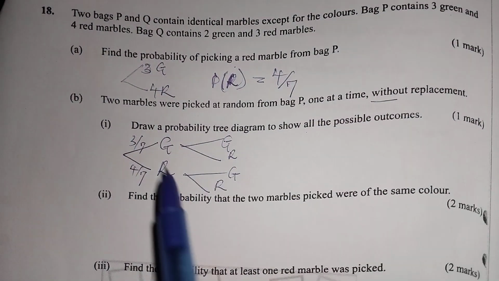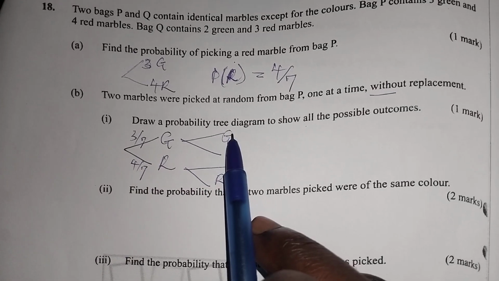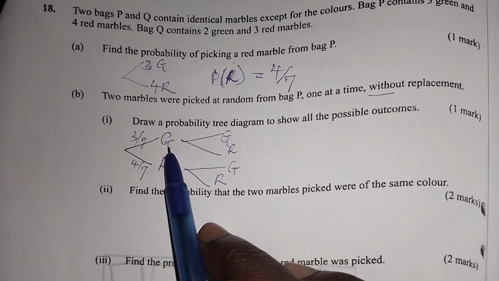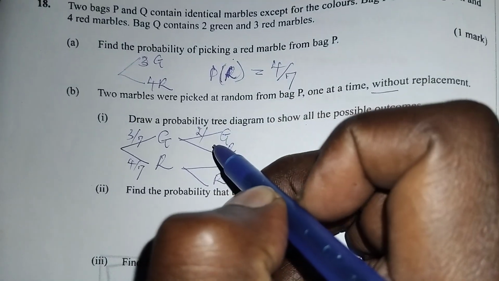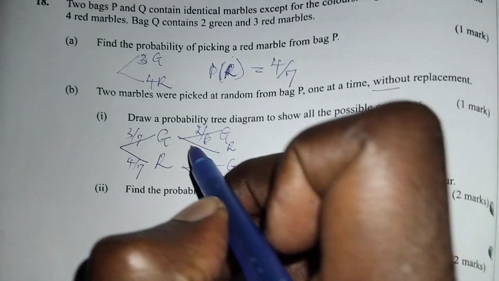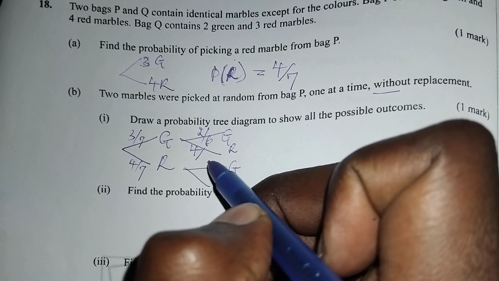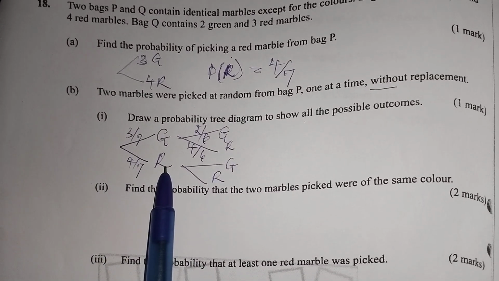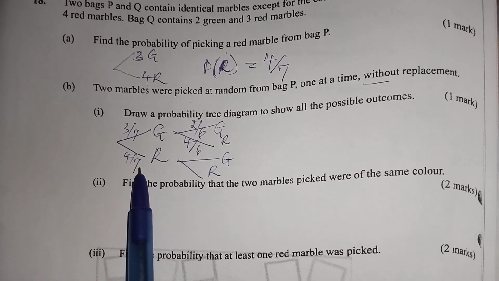If you pick green first, then again pick green without replacement, there remain 2 green and the total reduces to 6. For red the second time, it will now be 4 over 6. If you pick red for the first time, the probability is 4 over 7.